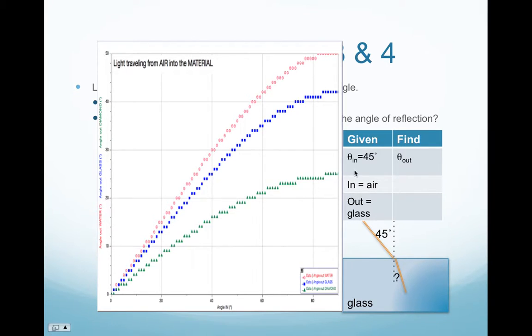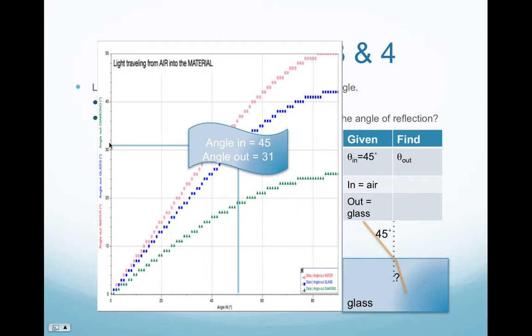And we know that our angle in is 45 degrees, so we go to 45 degrees and we look up and we get this angle, and then we go across and see that that lies somewhere around the 31 degrees. So when the angle in is 45, for glass, which is the blue, glass, or down here, glass, the angle out is 31 degrees.